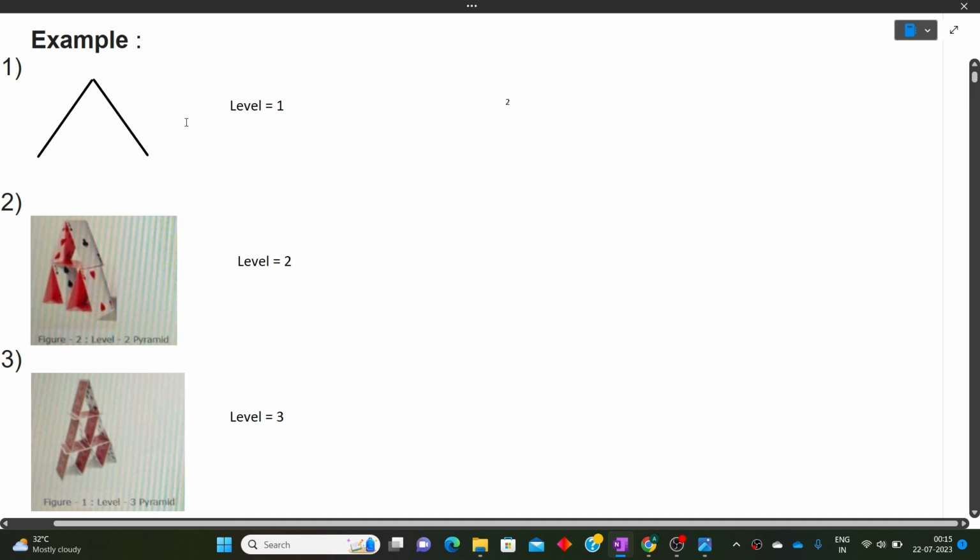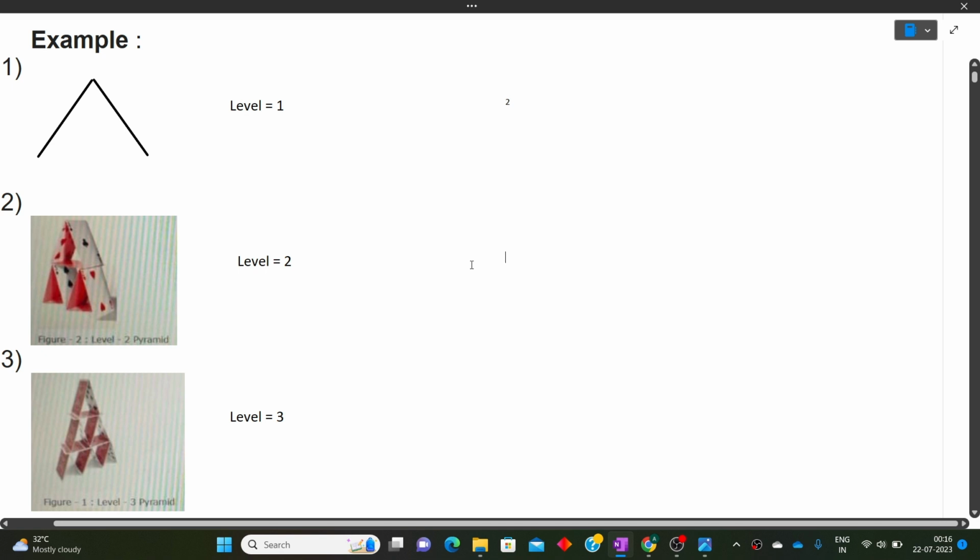In level 2, level 1 will be there, and then level 2 is added additionally. So I am repeating again: in level 1, only a single level is there, and when we come to level 2, there are two levels. The first level from level 1 is there, and the second level has been newly added.